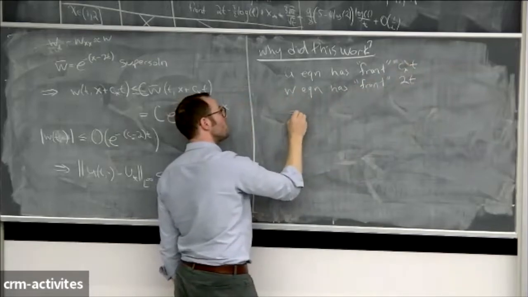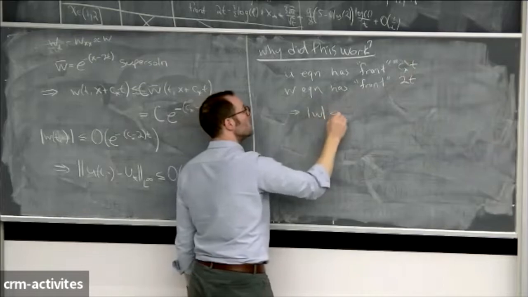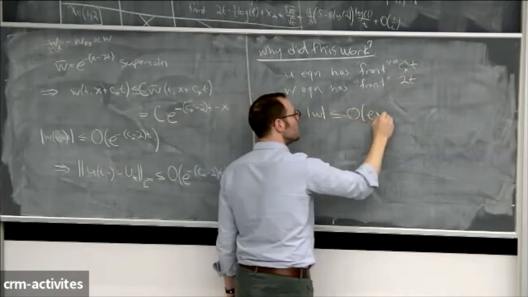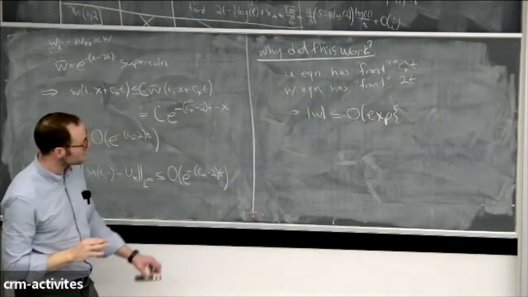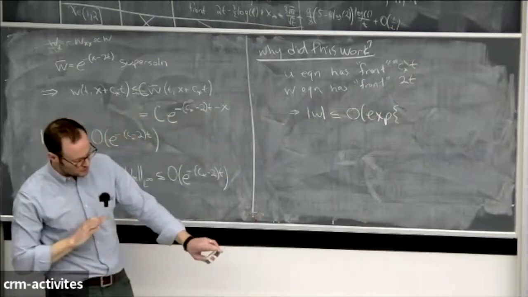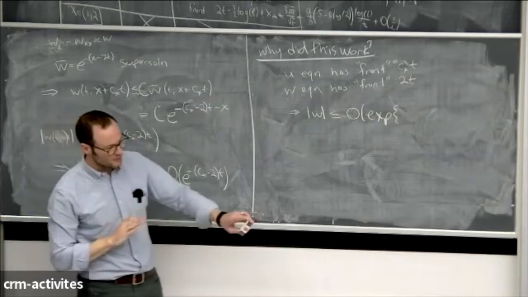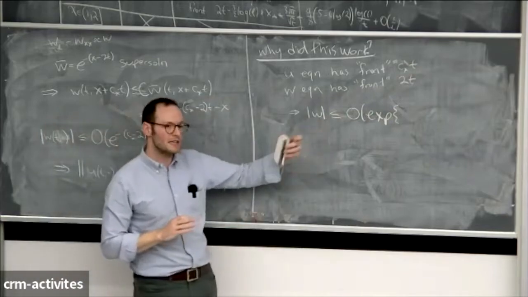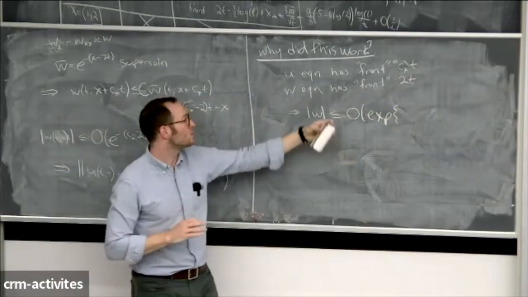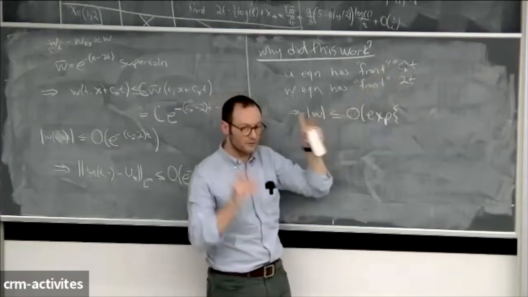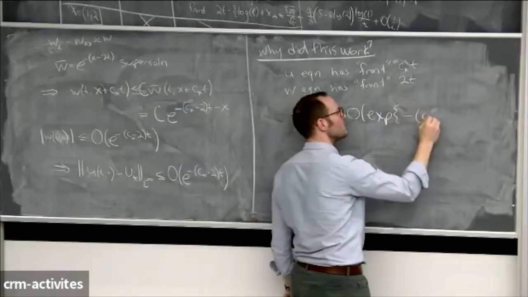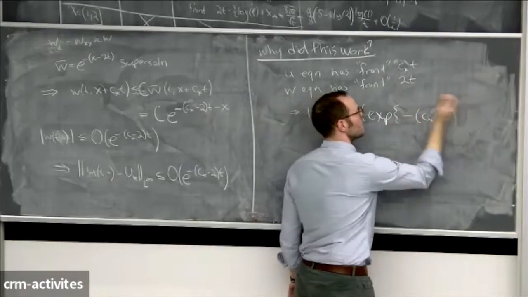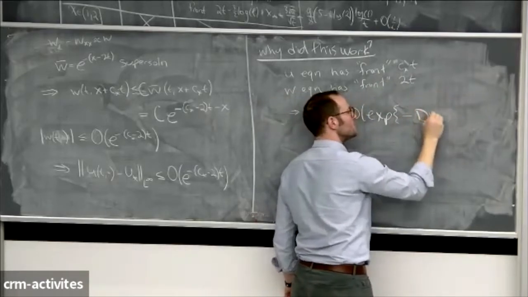And so therefore, W will be less than or equal to, well, as Lenya told us this morning, you always want to remove an exponential, which tells you that shifts in W by some amount change W by e to the minus that shift. So if you have this difference between your fronts, you have a shift of that amount. And so you end up with something like the difference between these.